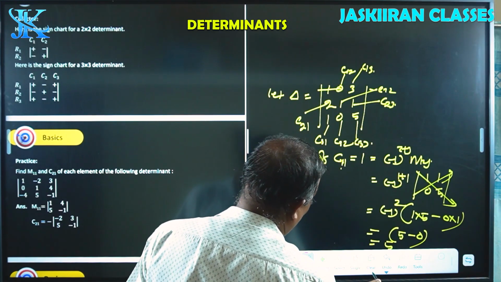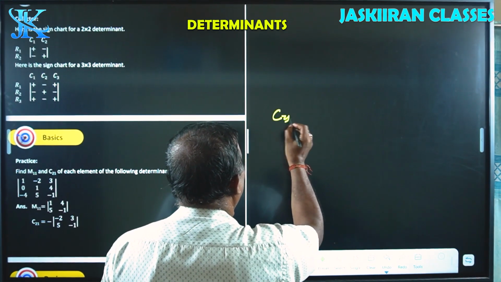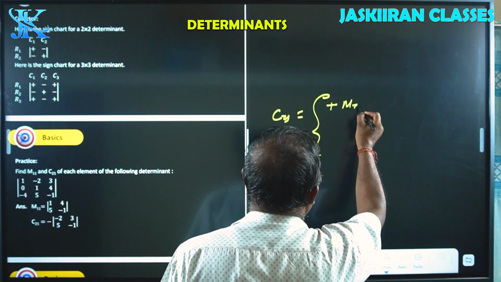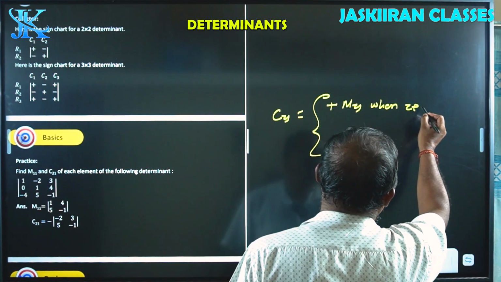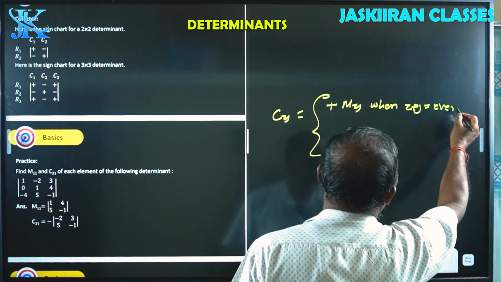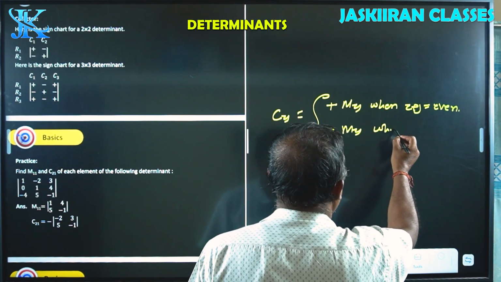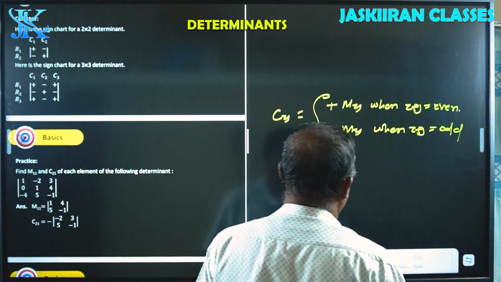Cofactor is also written like this. That is C_ij equal to plus M_ij when i plus j is even, and minus M_ij when i plus j is odd.